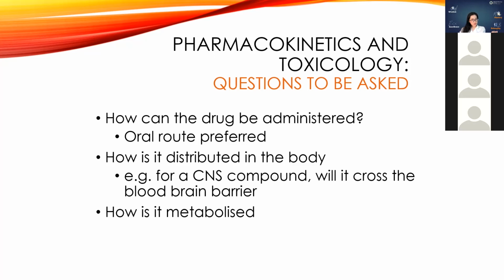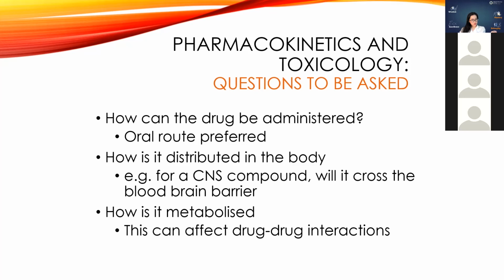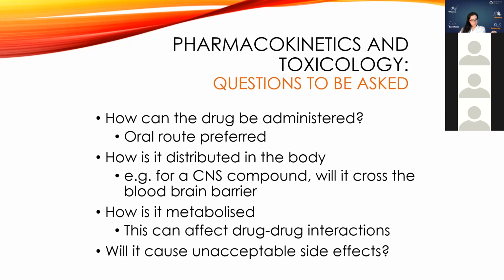And how is it metabolized? This can affect drug-drug interaction. And will it cause unacceptable side effects? One example is ergot. Ergot is a drug used to treat migraine, but it causes bad side effects that sometimes lead to leg amputation just from taking the migraine drug.